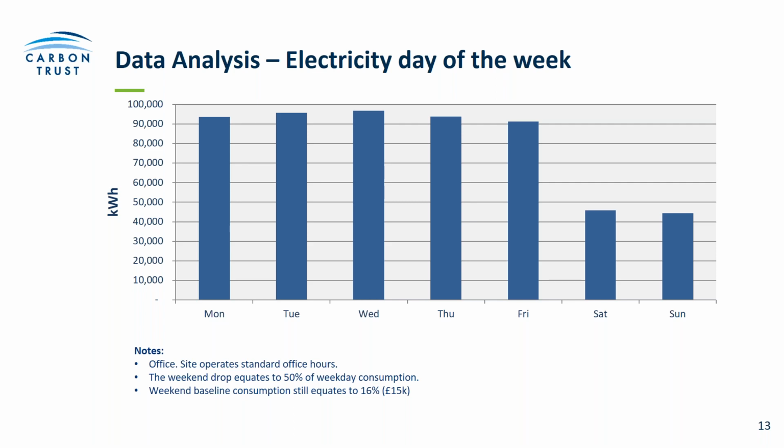There'd be security lighting or IT server rooms, etc. But still, as a percentage of the overall weekly consumption, it's quite high. That's where the likes of out of hours auditing or an out of hours walk around can work very, very well for the office environment, just so that you can see what is being left on.